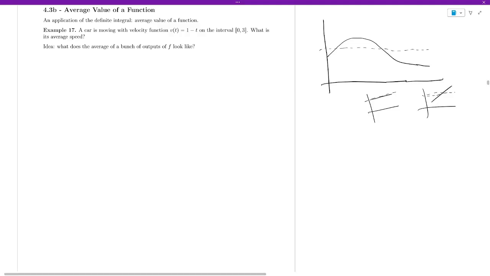A good way to think about average speed is the speed that, if you were going that speed the whole time, it'd be the same final result as whatever you were doing instead, right? If I'm driving from Corvallis to Portland, it takes me 90 minutes, and say I go on average 60 miles an hour.